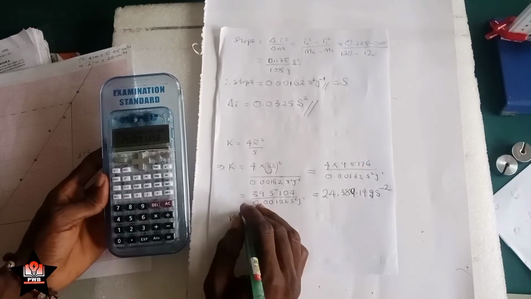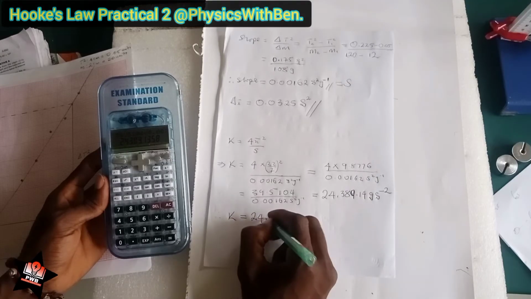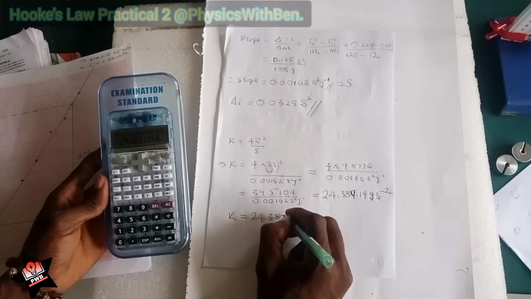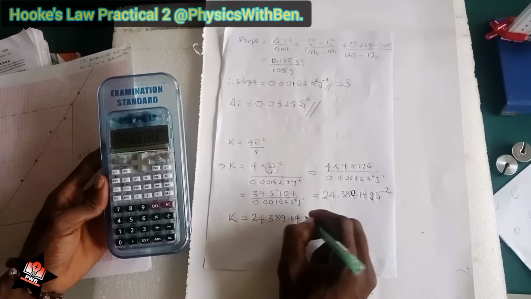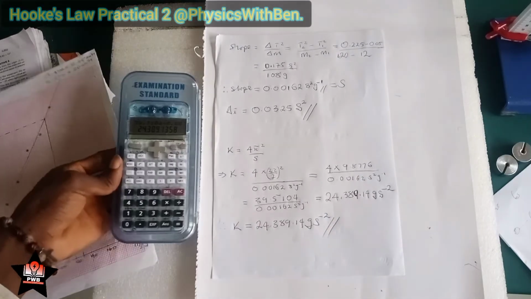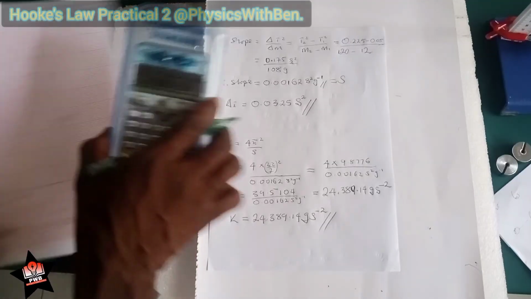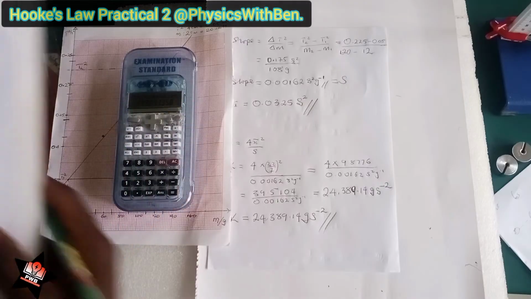Therefore, K is equal to 24,389.14 gram. That is the value for the K the examiners ask us to evaluate.